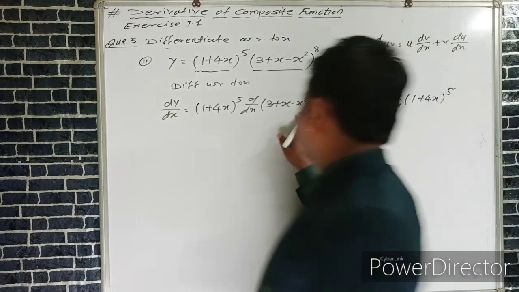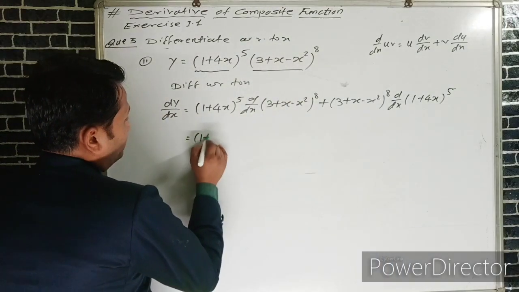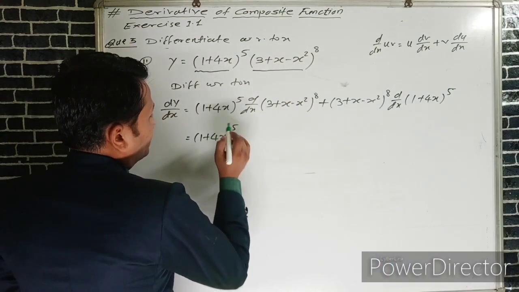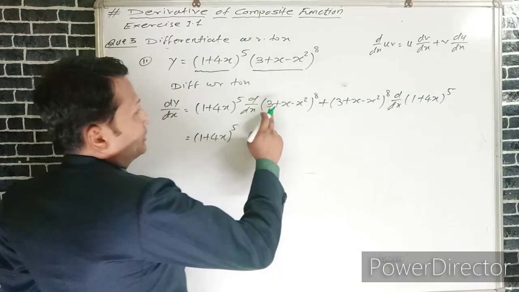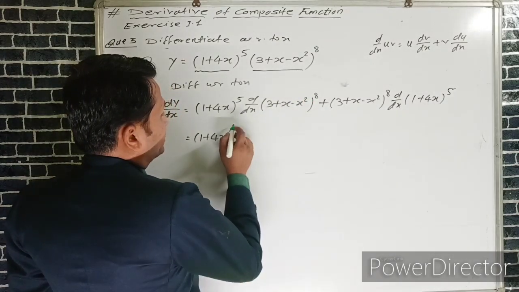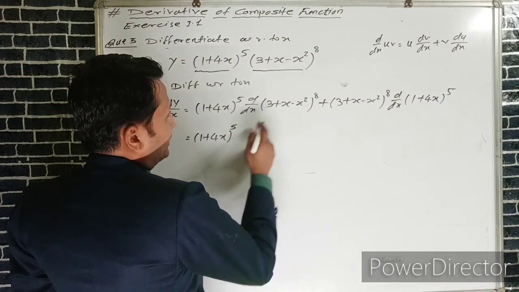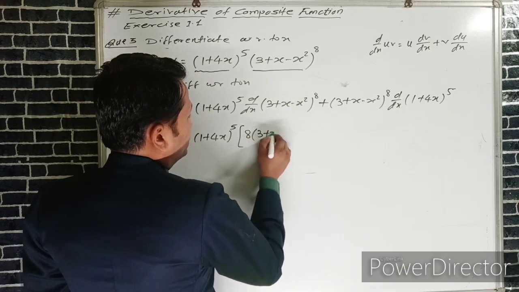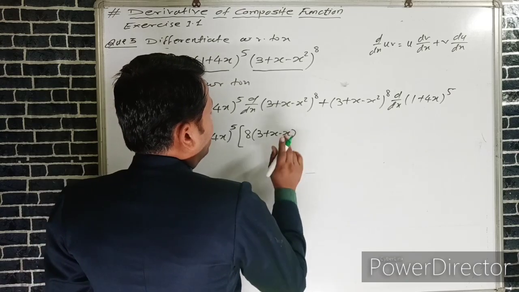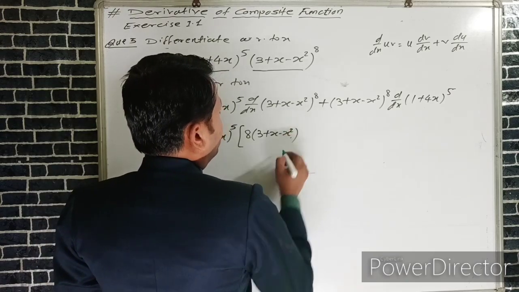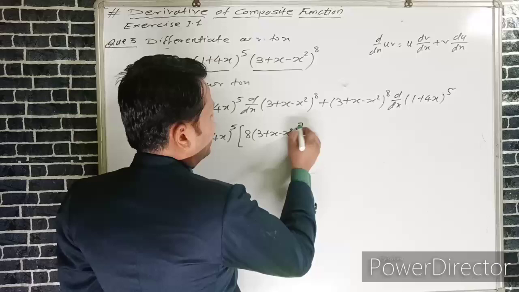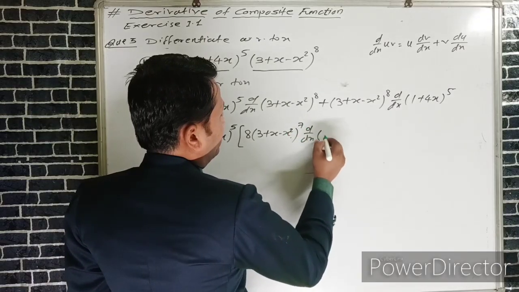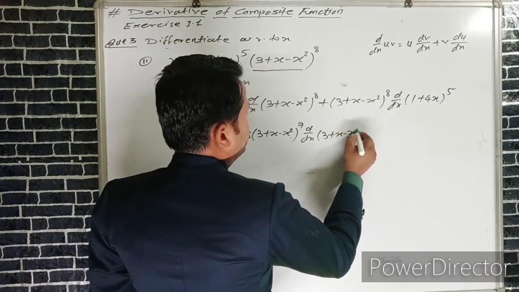After differentiating, we write (1 + 4x)⁵ as it is. The derivative of x raised to the power n is n into x raised to the power n minus 1. Hence here we can write 8 into (3 + x − x²) whole raised to the power 8 minus 1, that is 7, and we take again the derivative of 3 + x − x².